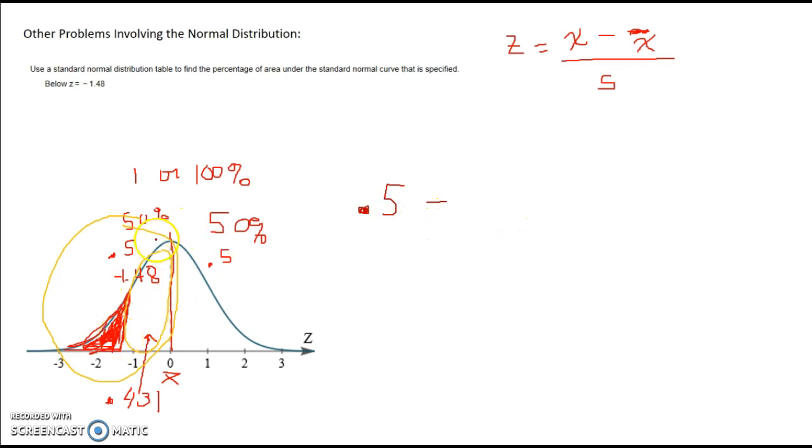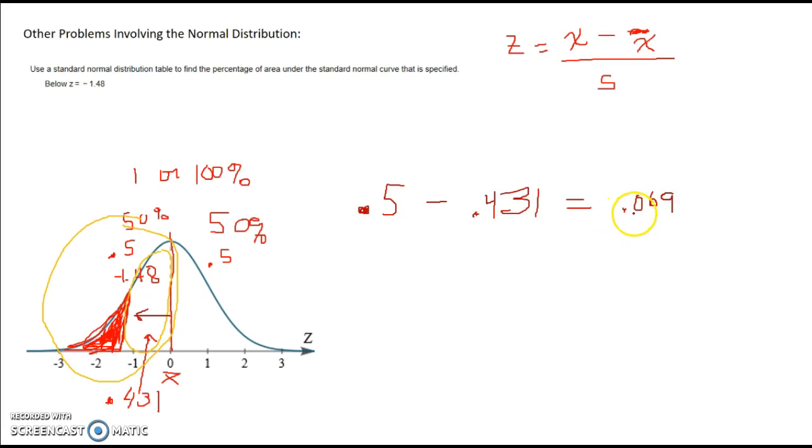I know that the chart gives me the area from the mean over, so I subtract it and I have what's left: 0.5 minus 0.431 is 0.069.